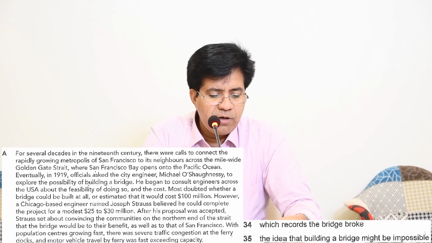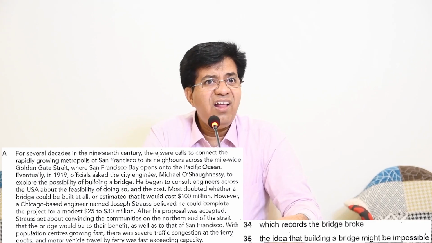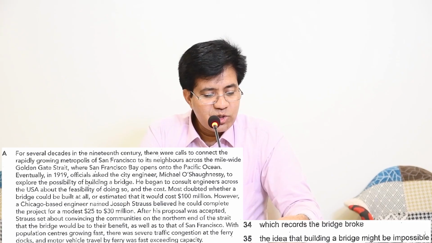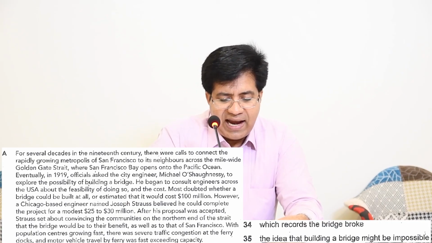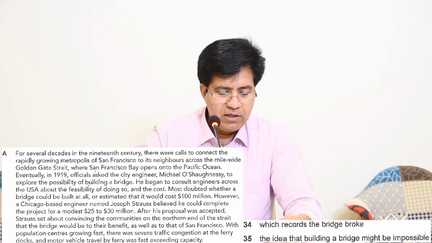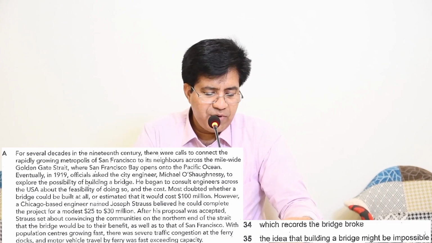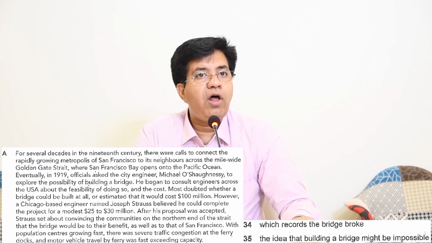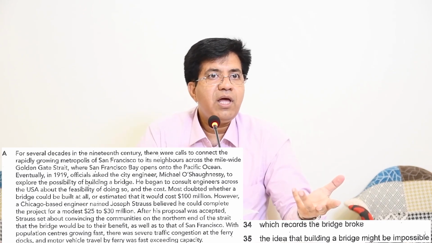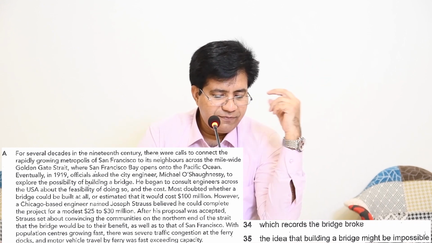Whether a bridge could be built at all, or estimated that it would cost 100 million. So, this is the idea that building a bridge might be impossible. Could be built at all means impossible. Something like that. Alright, 35 is A.